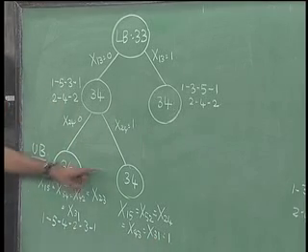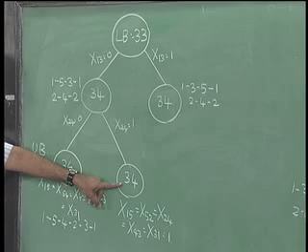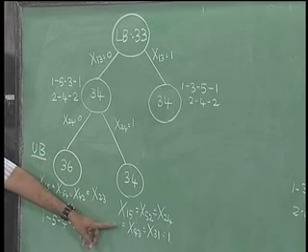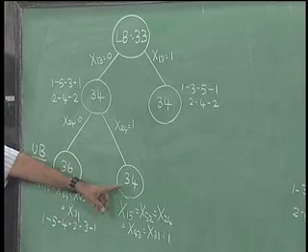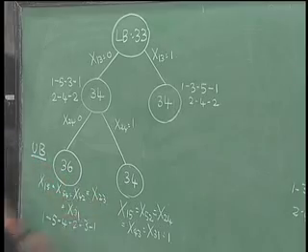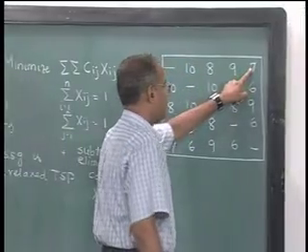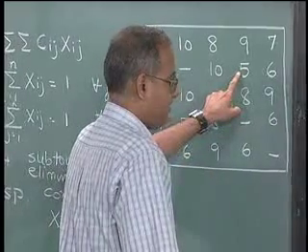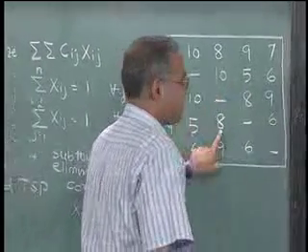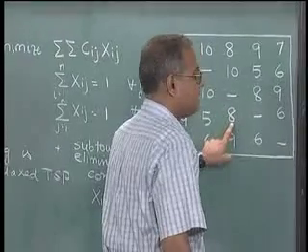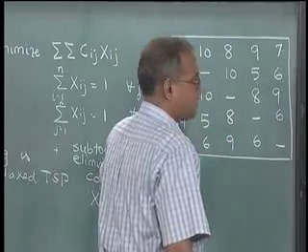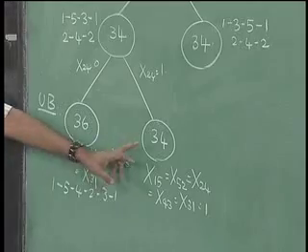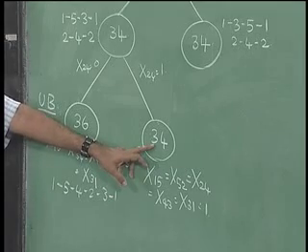So, the lower bound is 34, but it also happens that we have a feasible solution to the TSP with value equal to 34. We can verify this. 1 5 is 7, 5 2 is 6, 13; 13 plus 5 is 18; 18 plus 8 is 26; 26 plus 8 is 34. We have a feasible solution with z equal to 34.